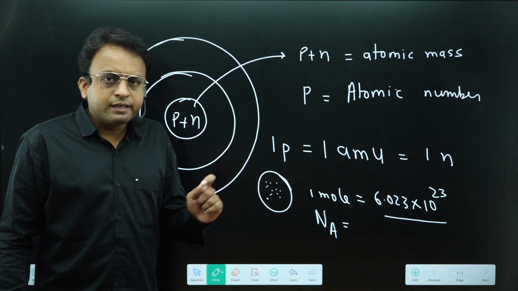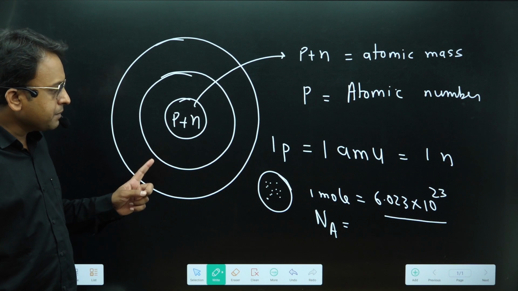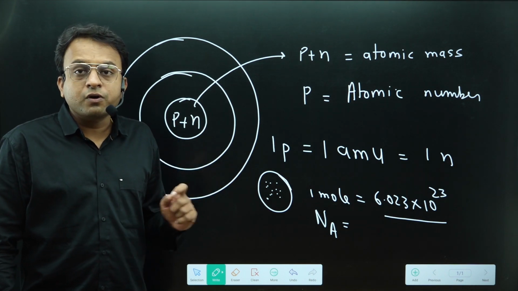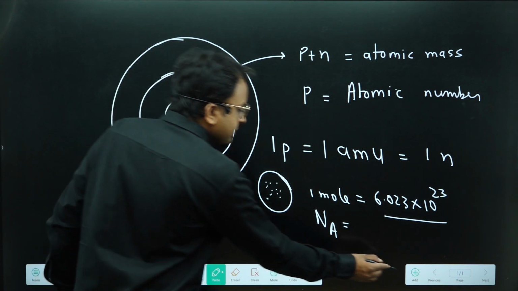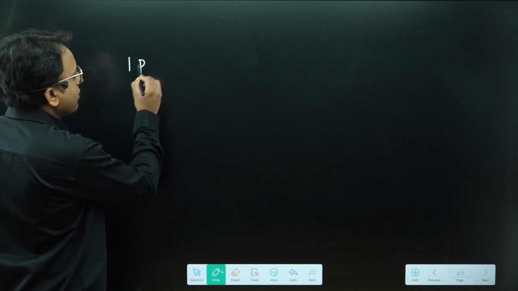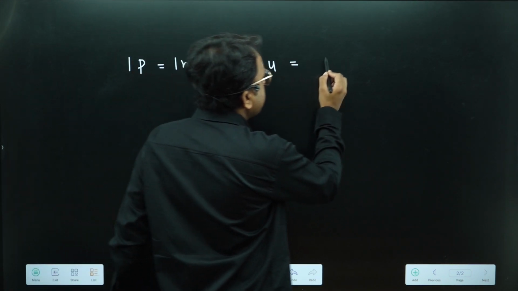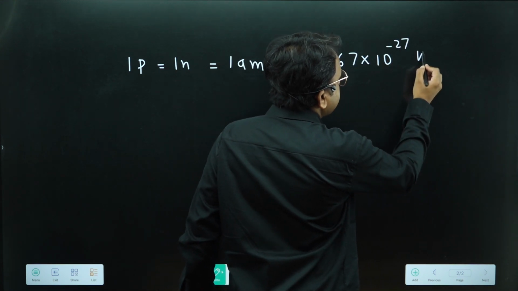Now understand the mass of 1 proton. The mass of 1 proton is the smallest mass. It is the quanta of mass. The mass of 1 proton, 1 neutron, or 1 AMU is equal to 1.67 into 10 raised to the power minus 27 kg.